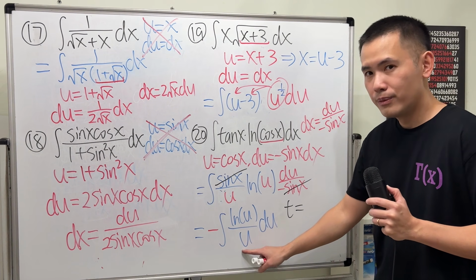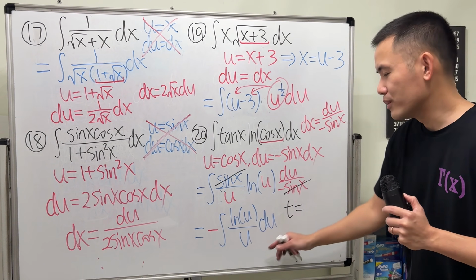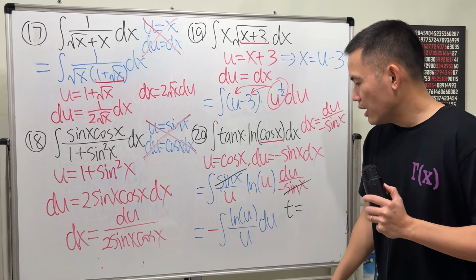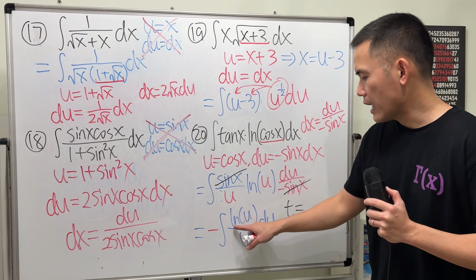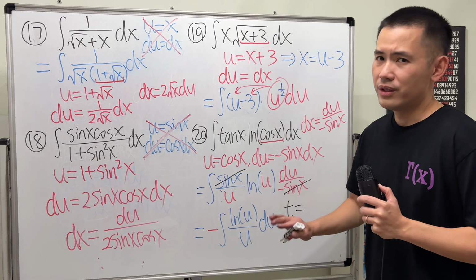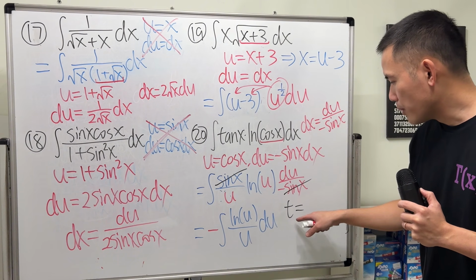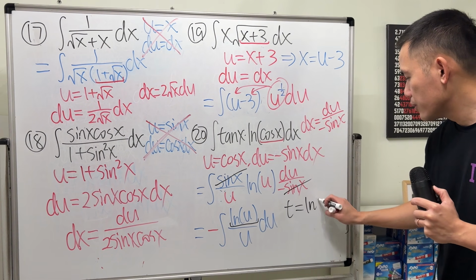But what do we do though? The bottom? No, you never just let t equal another variable. No, don't do that. It has to be something else. Notice that I put down a parenthesis of u inside of the ln. But again, don't just do t is equal to u. Not that. Here, our variable is going to be this, ln u.